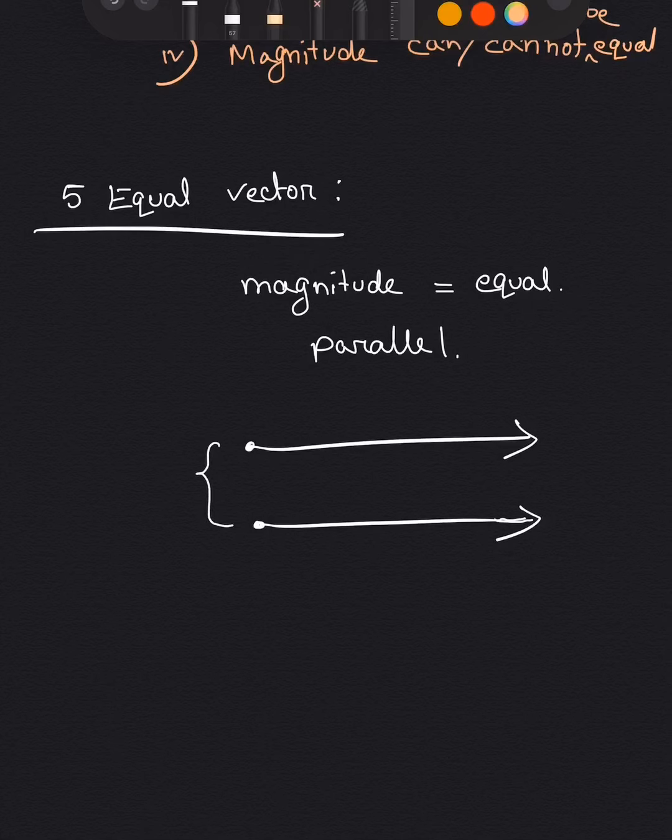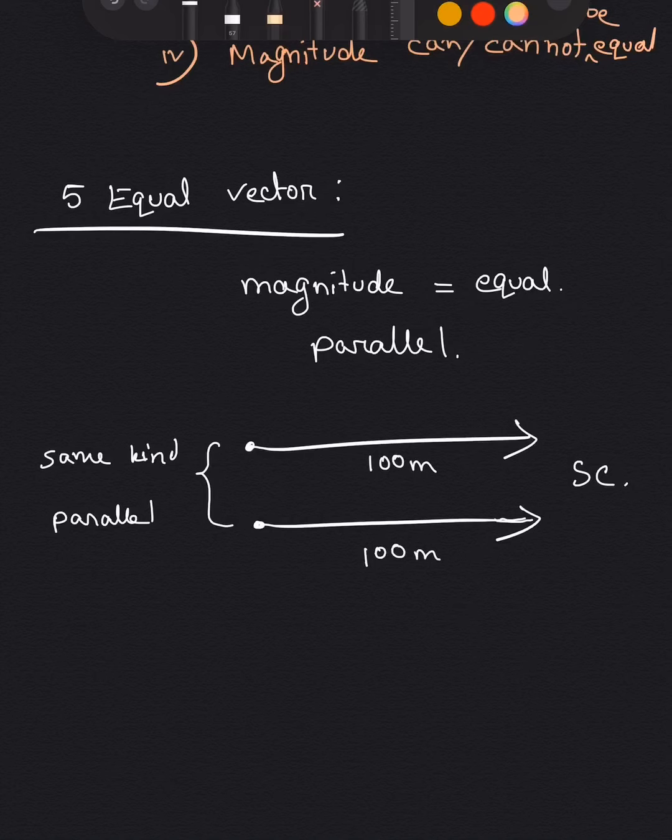In this case, both of your vectors are of the same kind and both the vectors are parallel, and both are acting towards a definite direction, which is the shopping center. And you can see here that the magnitude, the total displacement of you and your sister, is also equal. If your displacement is 100 meters, then your sister's displacement would also be 100 meters, because both your initial point and your terminal point are equal.